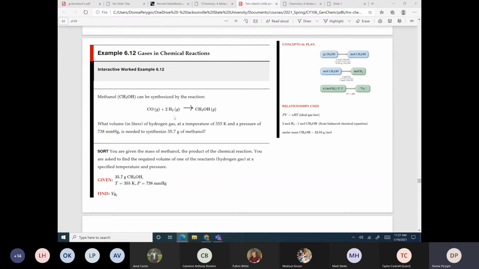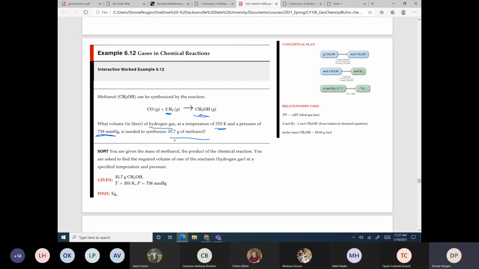Okay, so let's read this problem. Methanol can be synthesized by this reaction: carbon monoxide plus hydrogen yields methanol. What volume in liters of hydrogen gas at a temperature of 355 Kelvin and a pressure of 738 millimeters of mercury is needed to synthesize 35.7 grams of methanol?